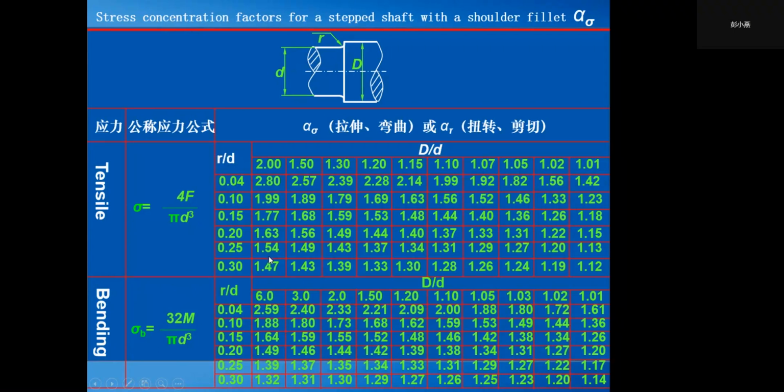So when you design a shoulder, you should choose a larger fillet to decrease the stress concentration.